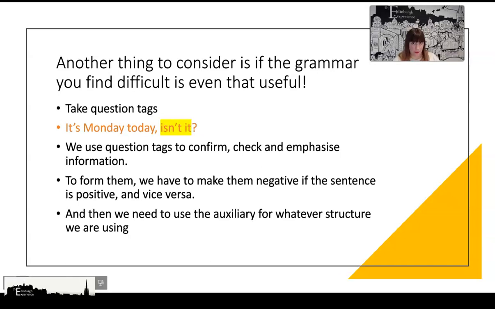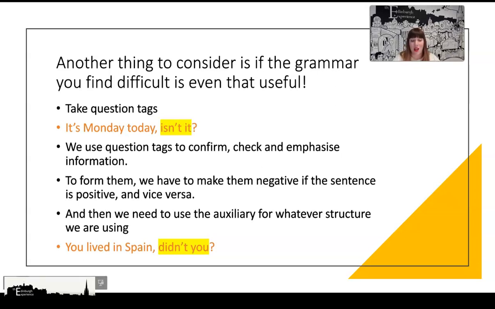And then apart from that, we have to identify what auxiliary verb is relevant to the structure we're using and put that into our question tag. So for example, here, I'm speaking in the present simple structure, so that means that I need to use the verb to be. And to give you another example, guys, if I say, you lived in Spain, didn't you? This here is in the past simple, so I'm using did because that's my auxiliary. And of course, making it negative because this one is positive.